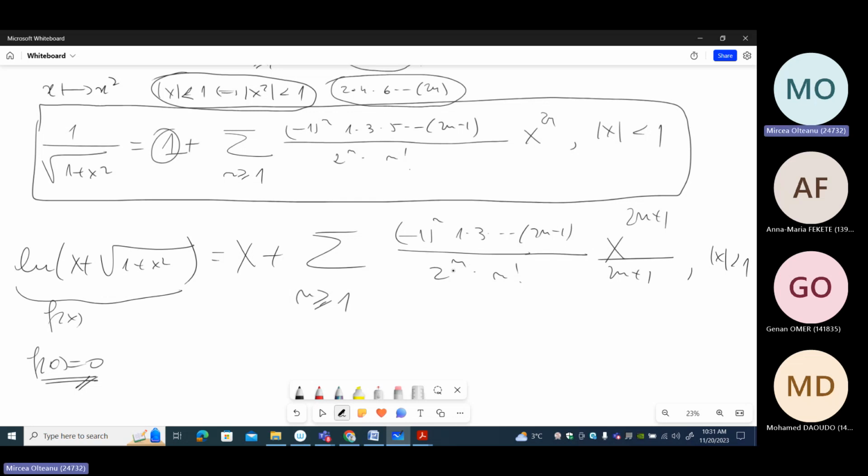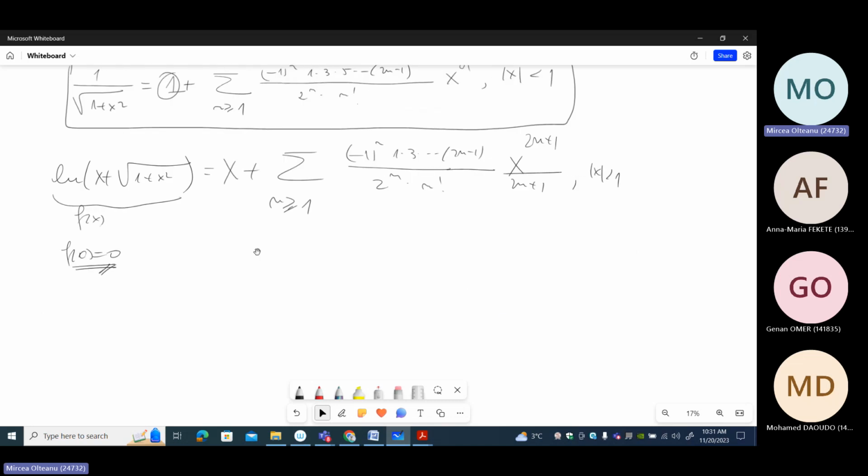So this is the sum. For example, if we want to write a few terms, it will give us x.